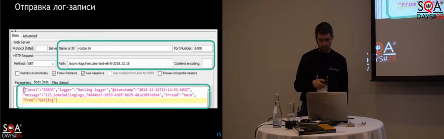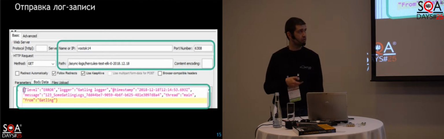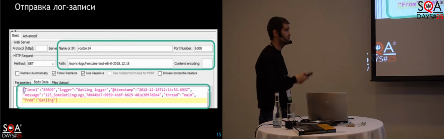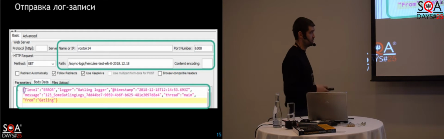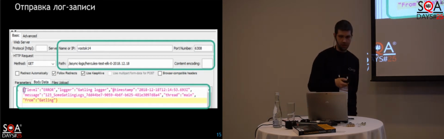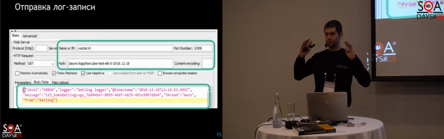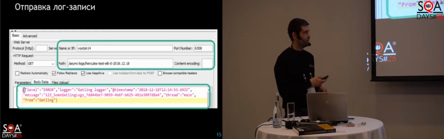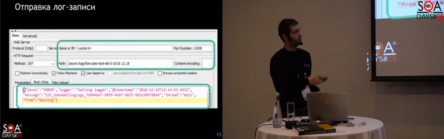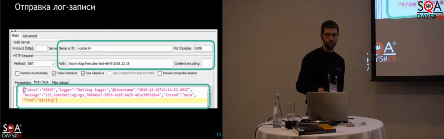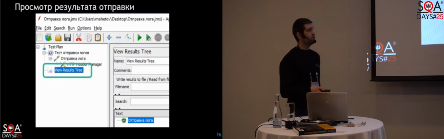This is how our request looks. Say that we'll send this request, and lower you can see the head, so the body of the request with all the GUIDs and scripts.